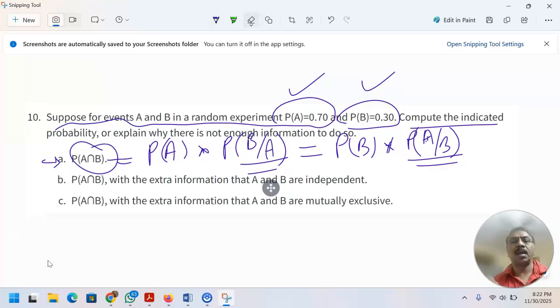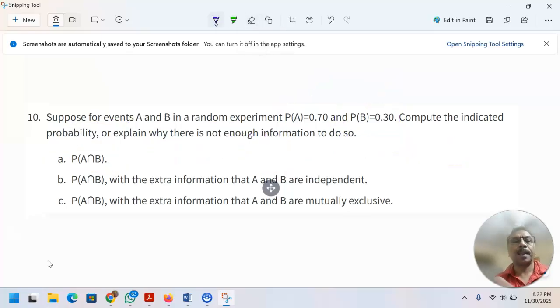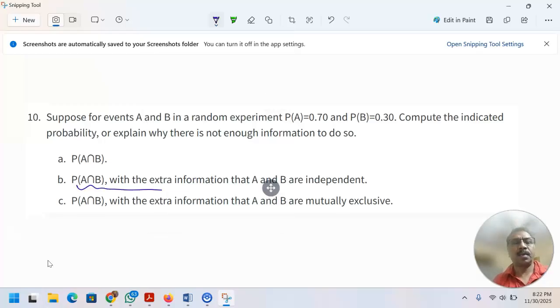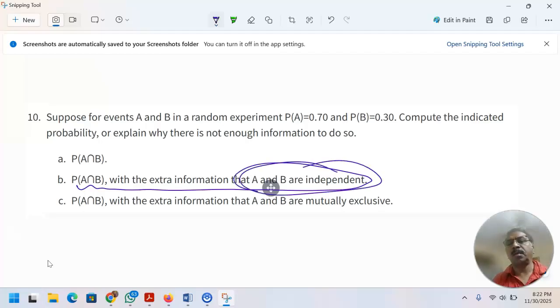But look at the second question, where there is extra information. What is the meaning of independent? It means the probability of A and B is the probability of A times the probability of B. That's because of the definition.